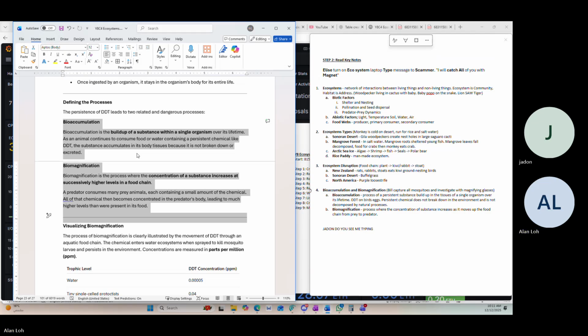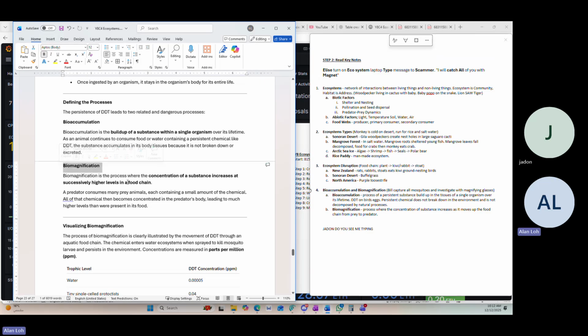So when you drink water that has DDT, or you eat a plant that has high DDT, it will accumulate in your body over your lifetime. Why? Because it cannot be broken down into waste, or decomposed. You understand? Now it's clear, right? That is bioaccumulation.